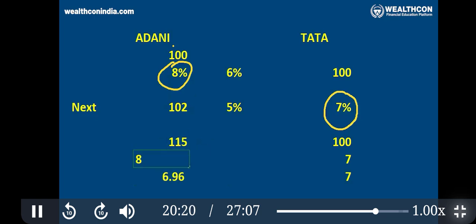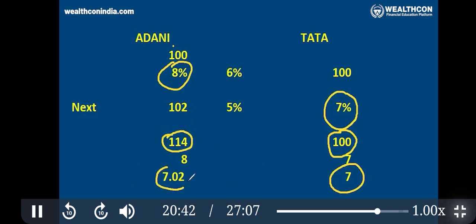Now it has gone, let's say, to 114. So now they have become comparable. How are they comparable? One can buy at 100 rupees and get 7 rupees, or someone has the option to buy the Adani bond at 114 and get the same return.